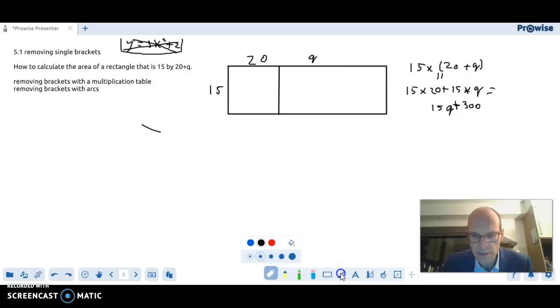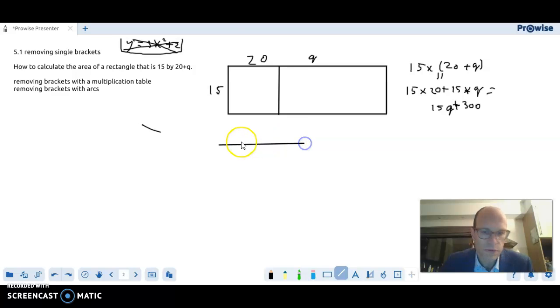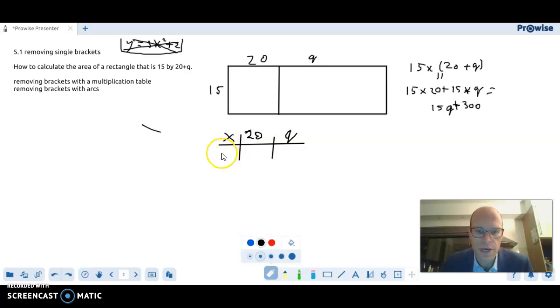So first of all, a table. Well, here it is, a table. This is a times table. On the top, we're going to write what is between the brackets, so we have 20 and q, or plus q, and over here we're going to write what is in front of the brackets, 15.